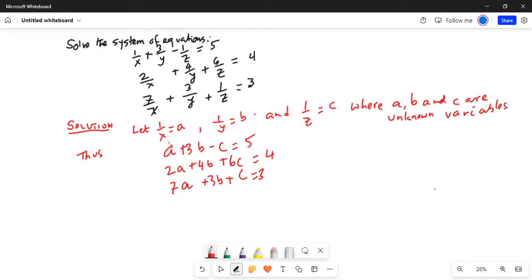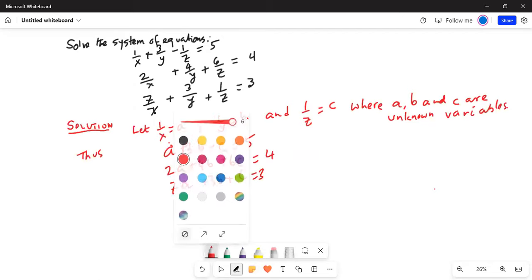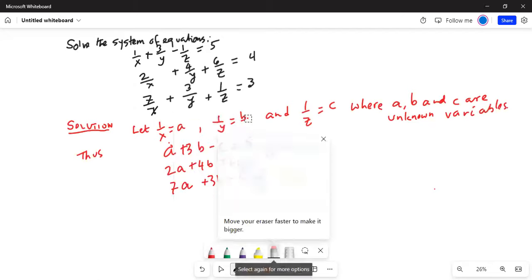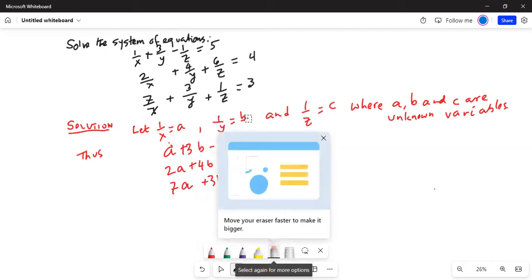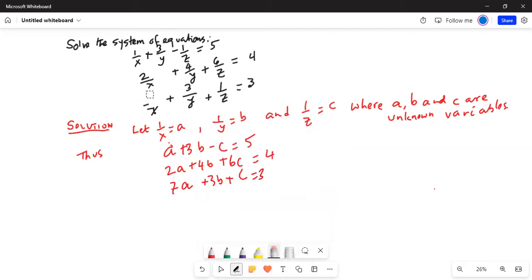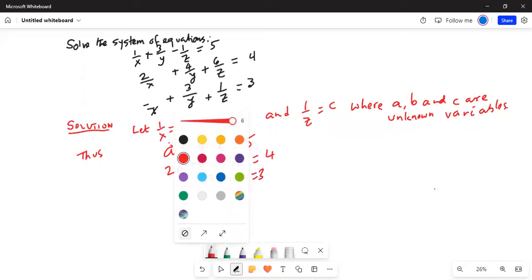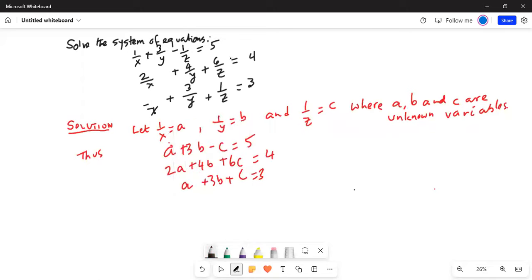Actually, the first equation, I've copied it wrong, so I'll correct it. First, I'll erase this. So this over here is wrong. It's 2 over x. This is wrong too. So now I will go to the black pen and correct this one. This is 2 over x, not 7 over x.